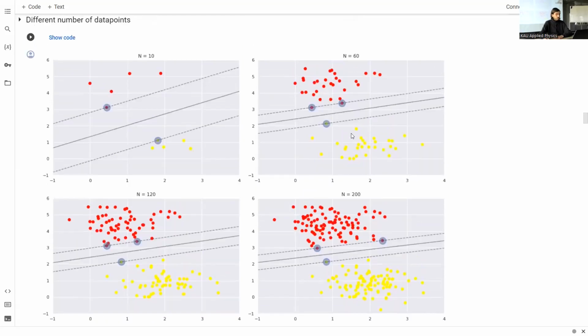If I keep adding more and more points to my data set, at some point everything stabilizes and nothing changes from then on. I'm adding more and more points, but I still have the same or almost the same support vectors, and I'm getting the same line.